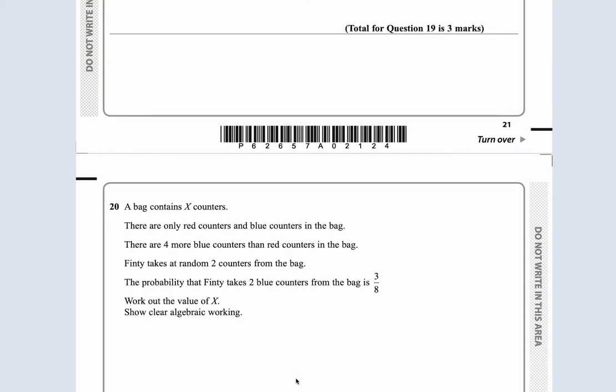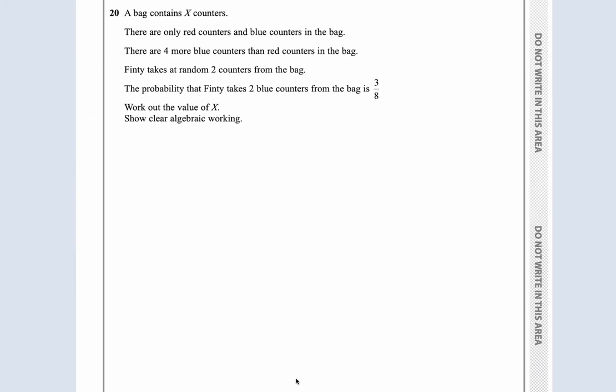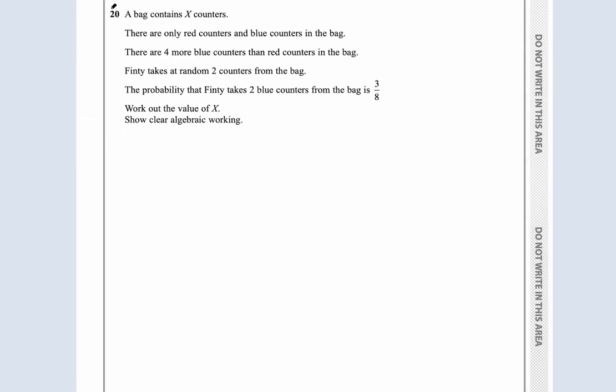Okay, question 20. A bag contains X counters. There are only red and blue counters in the bag, and there are 4 more blue counters than red counters in the bag. Okay, first let's stop there. So I'm going to let B be the number of blue counters and R be the number of red counters.